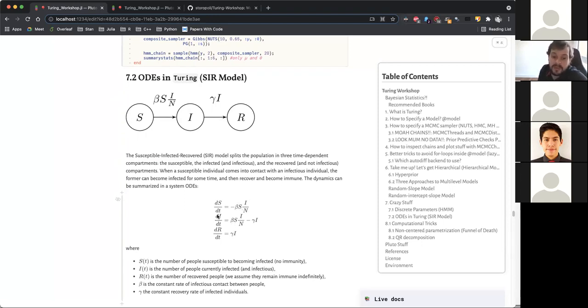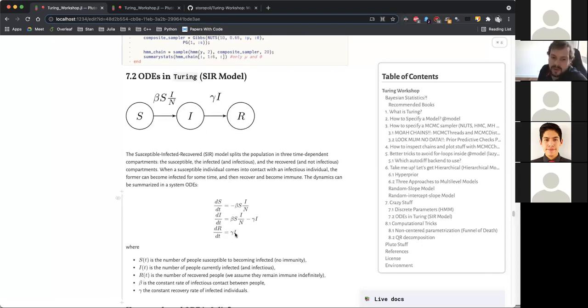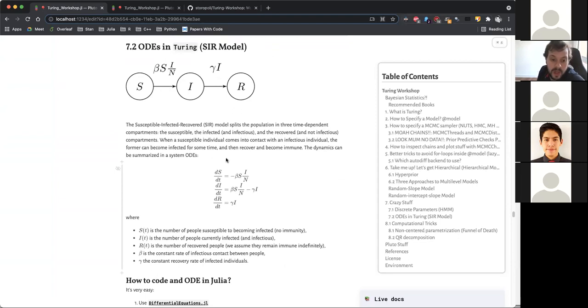Then the infected vary by the positive of that minus the people who will be recovered. And for the recovered, the derivative with respect to time is the recovery rate times the number of infected at time t. So this is the whole differential equation modeling that we have.